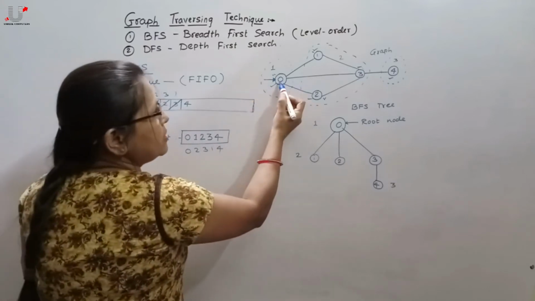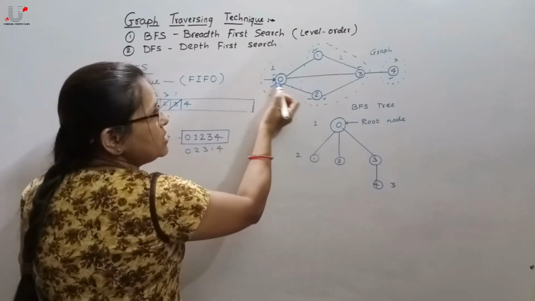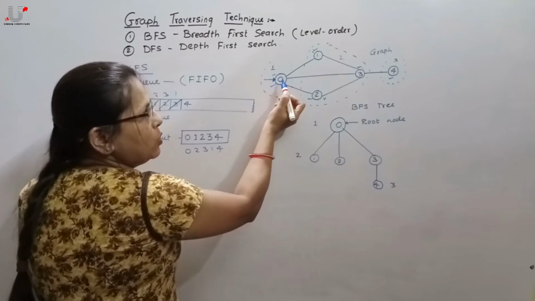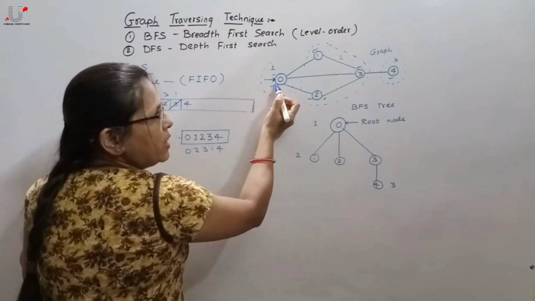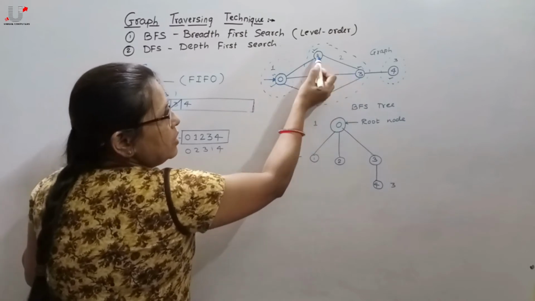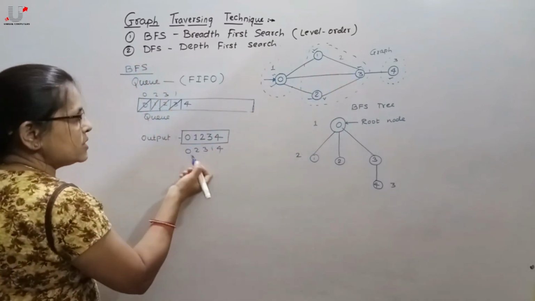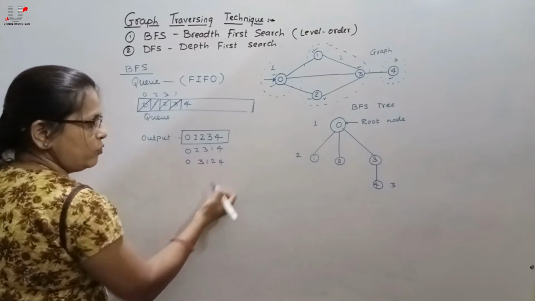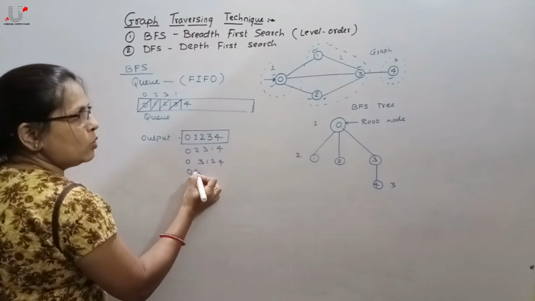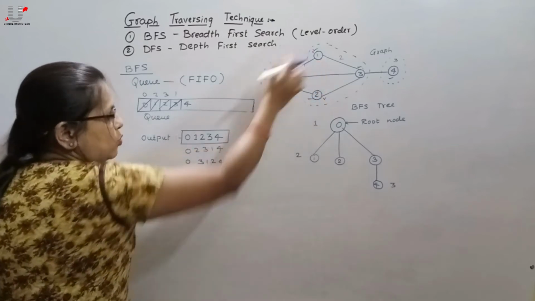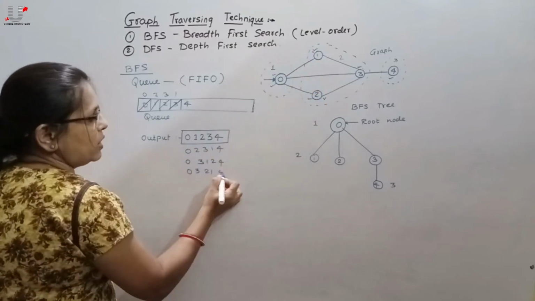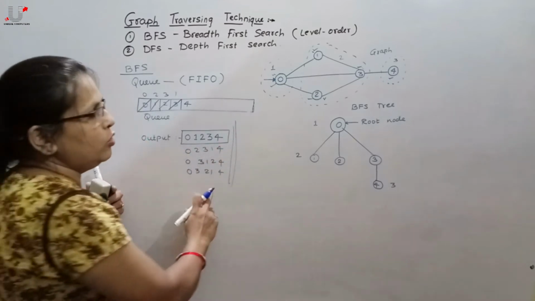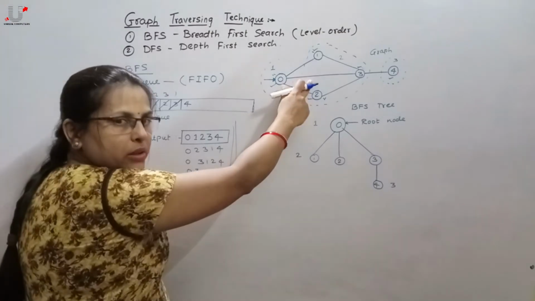If we consider the next output, suppose we consider 0 as the starting node and add all the adjacent nodes of 0, that means 3, 1, 2. So we get the next result as 0, 3, 1, 2 and then 4. Again we get 0, then 3, then 2, 1 as adjacent nodes of 0 and then 4. Like this, we get numerous results for a given graph.